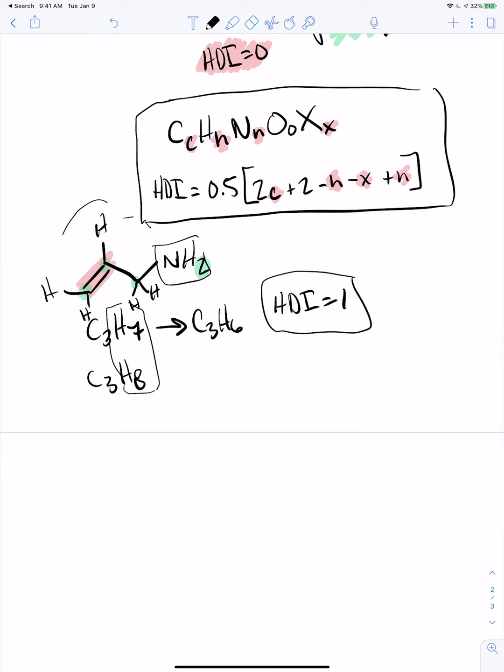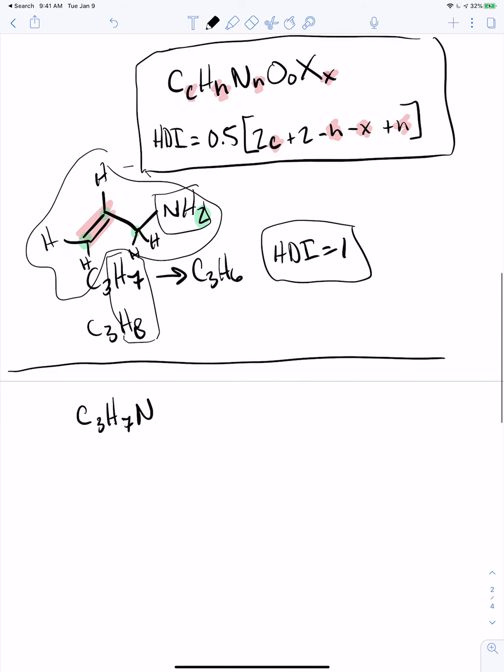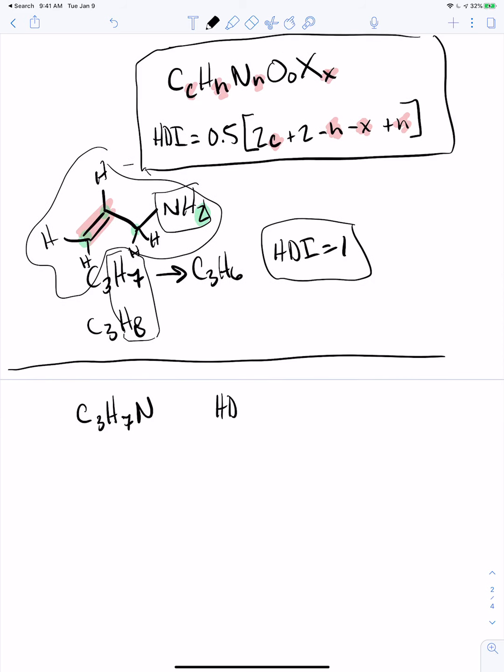More in line with how you see this stuff on an exam, you wouldn't be given the structure and asked to get the HDI. You'd be given the formula. So forget about the molecule that we drew and say you were just told this, and asked what's the HDI for this.